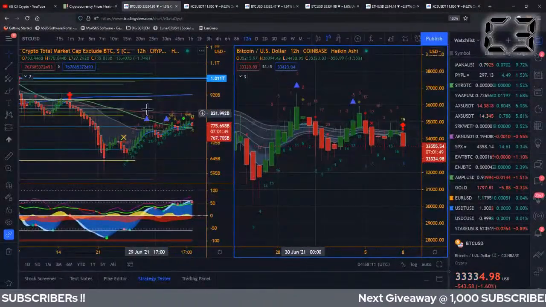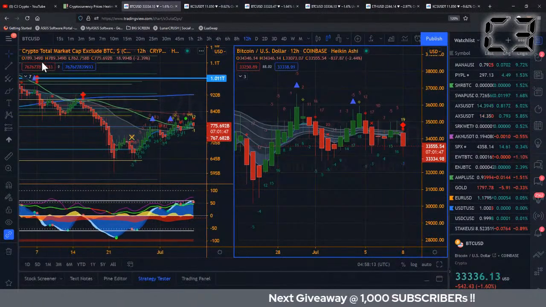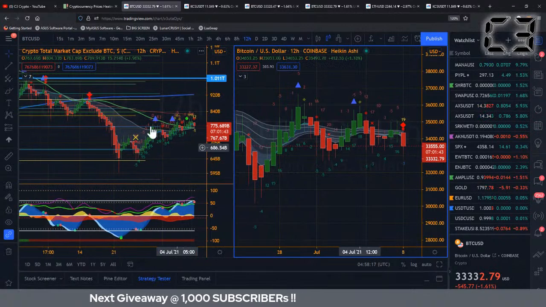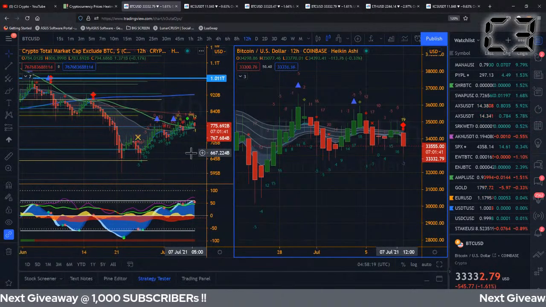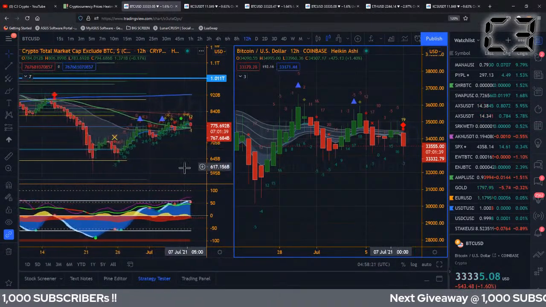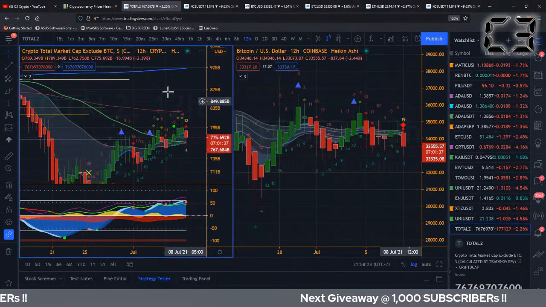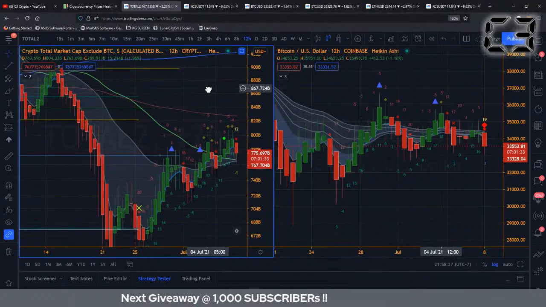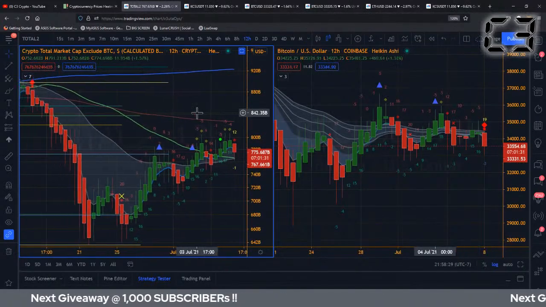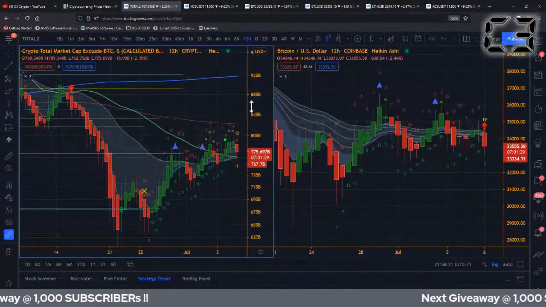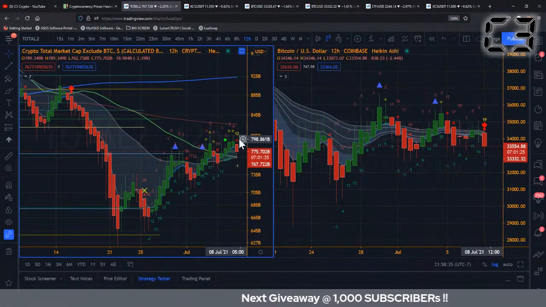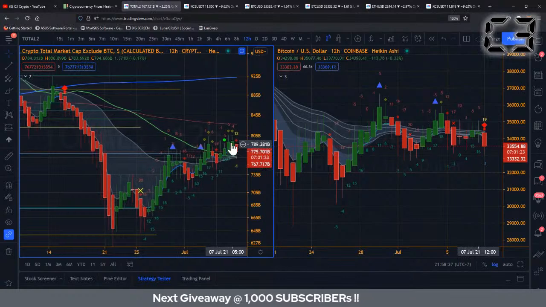So over here, we can see that the total 2 market cap, aside from Bitcoin, doesn't look like it's going to have much health today. Let me open up my charts for you guys, make them a little bit bigger. But anyways, you can see that the total 2 is printing a little blood diamond right here for the 12-hour charts.